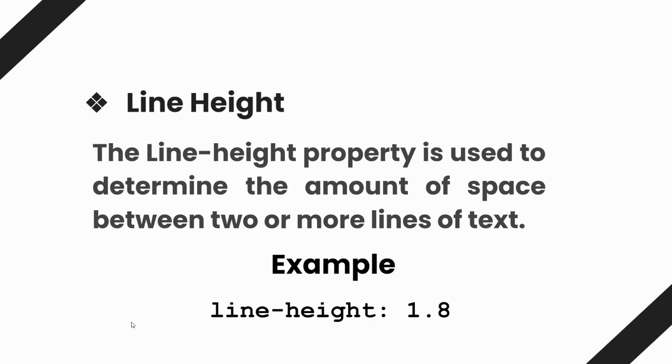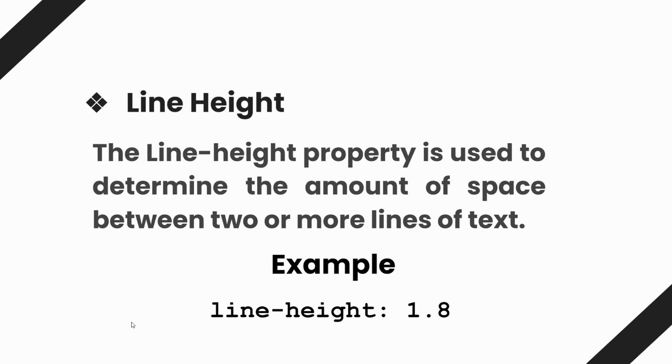So if you rendered two p tags, you would notice that you would have a line of text rendered on the screen for the first p tag, and the second p tag will have its own line of text rendered under the first line of text. The amount of space between these texts vertically is actually known as the line height.